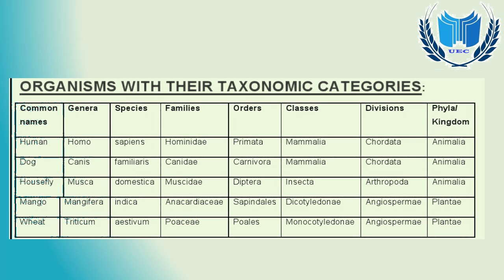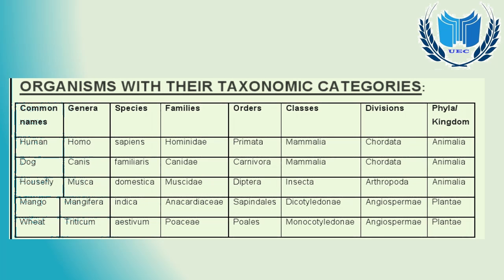Now first of all, the human example. It is much better to understand when the example of human is given, because we humans understand it better with our own explanation. The common name is human, the genus name is Homo, and the species name is sapiens. That's why the human being is called Homo sapiens, that is the biological name.